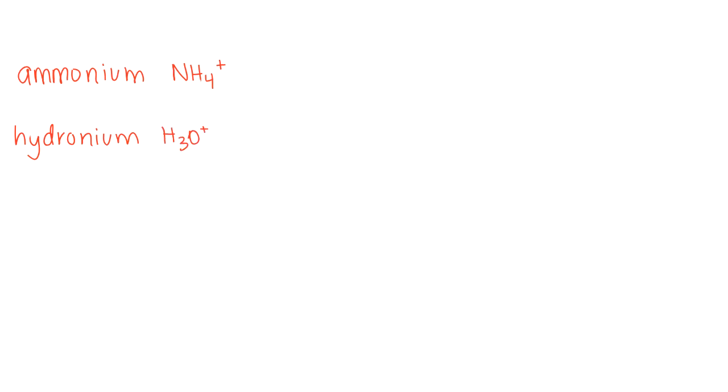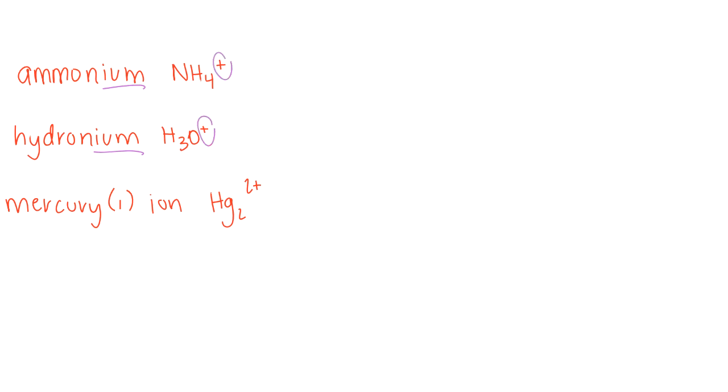And we have the mercury(I) ion, which is Hg2, 2+. So you'll notice right off the bat that 2 of the 3 here end in -ium. So anytime you see -ium, you know that it's going to be a positively charged polyatomic ion.